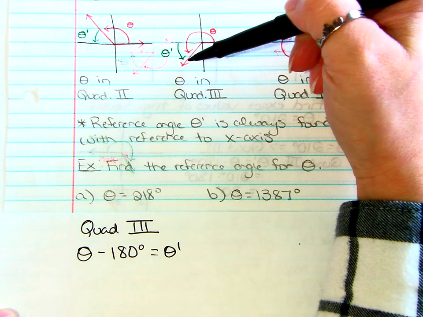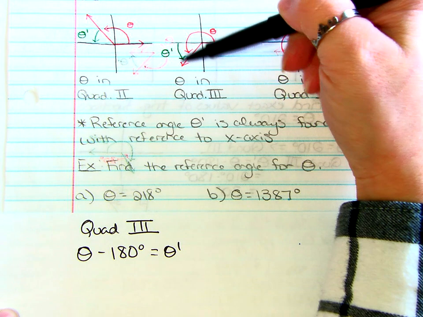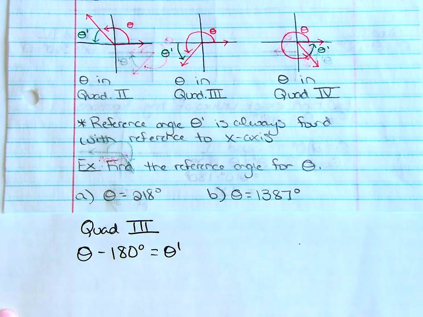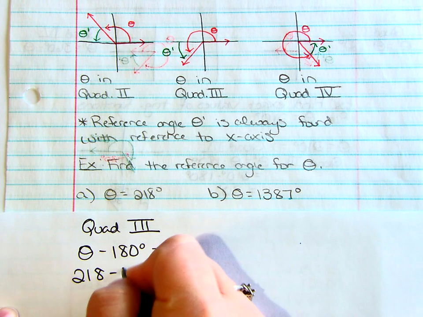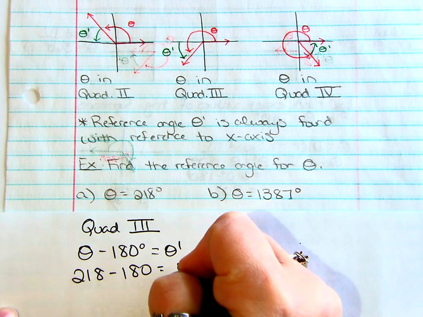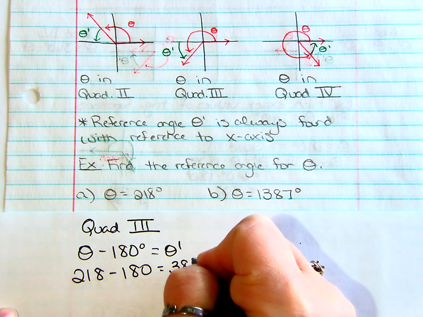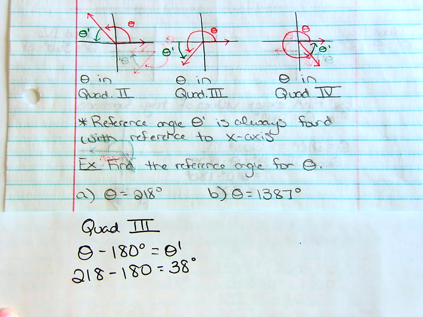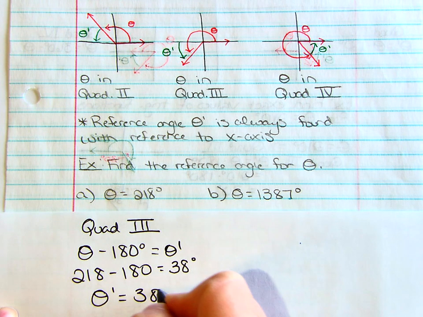So you do 218 minus 180, and you get 38 degrees. So your reference angle then is 38 degrees.